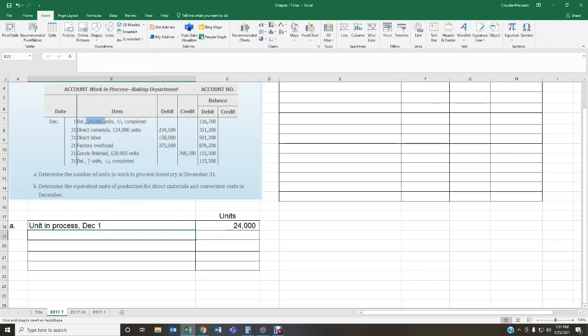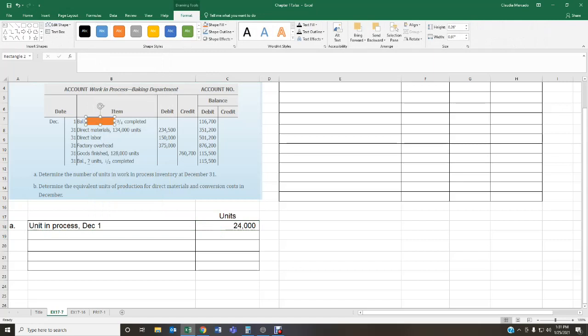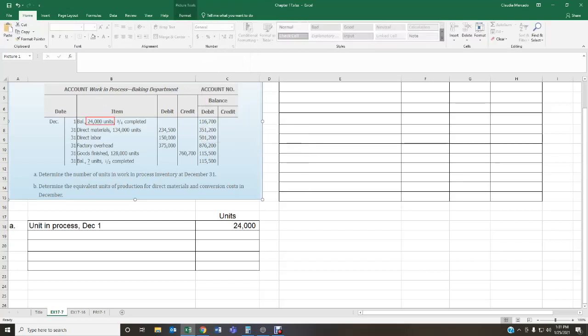Right here. We have 24,000 units that we carried forward from last month that we haven't finished. It's the beginning balance that we have sitting in our work in process account.